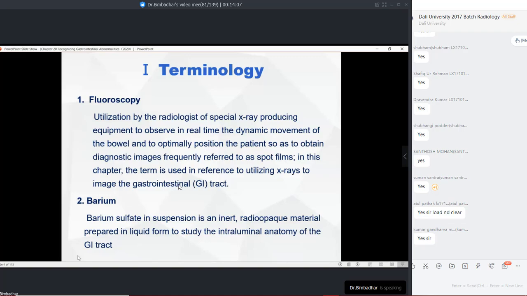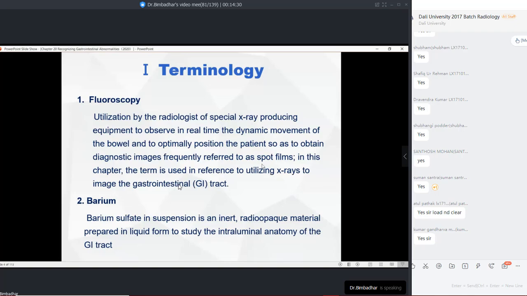So here, fluoroscopy utilizes X-rays, producing real-time dynamic movement of the bowel and optimally positioning the patient so as to obtain diagnostic images. These diagnostic images obtained are referred to as spot films.